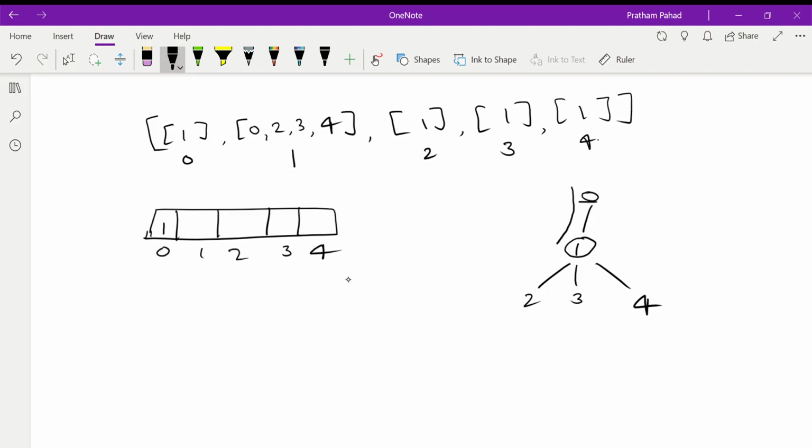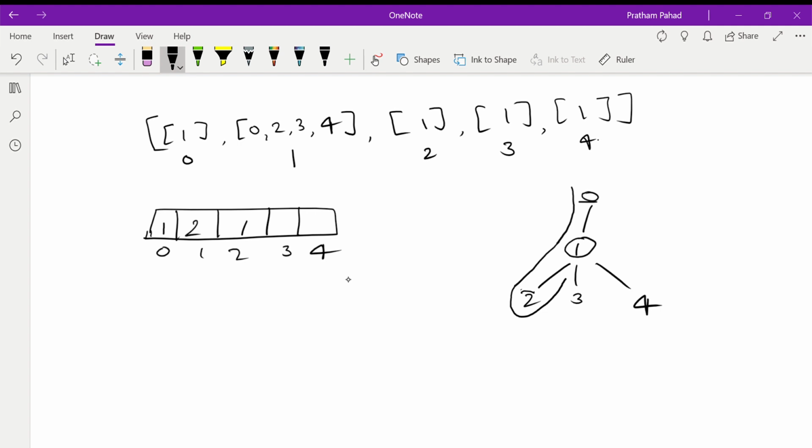We make the subtree size of 1 as 1. Now when we come to 2, we make the subtree size of 2 as 1. Now 2 doesn't have any children. So from 2 we go back to 1 and add the size of our child to our parent. This 2 will be added to 1, so make it as 2.